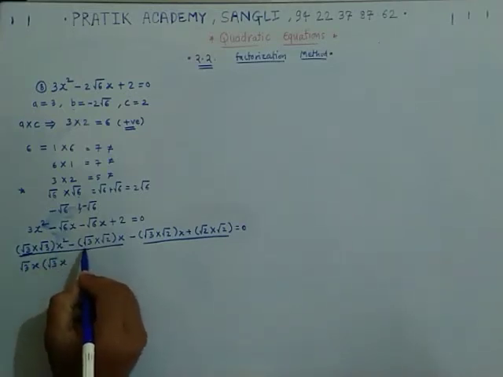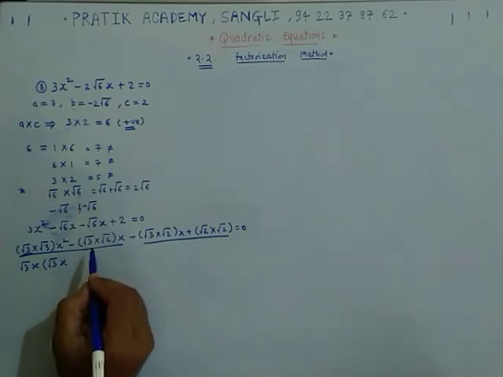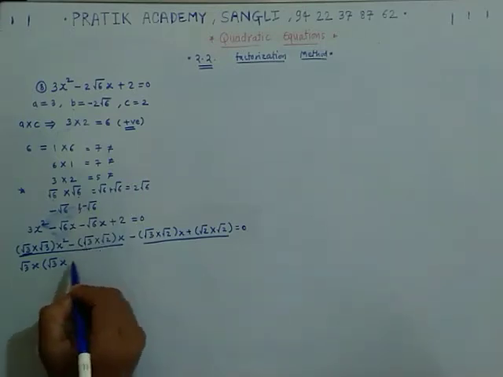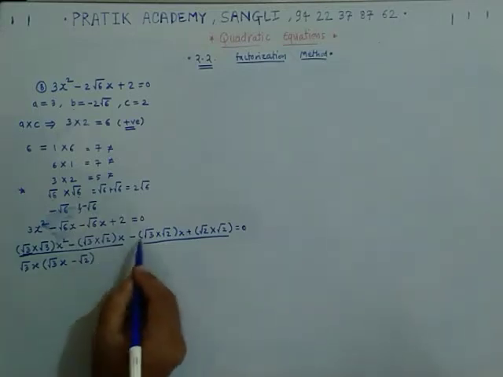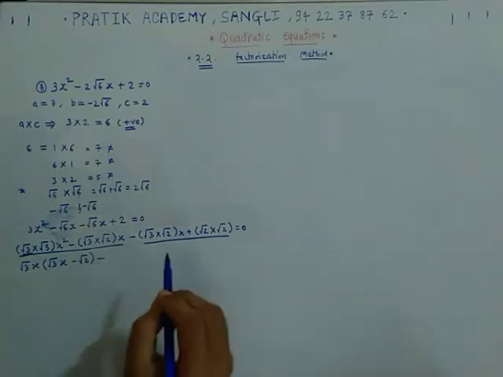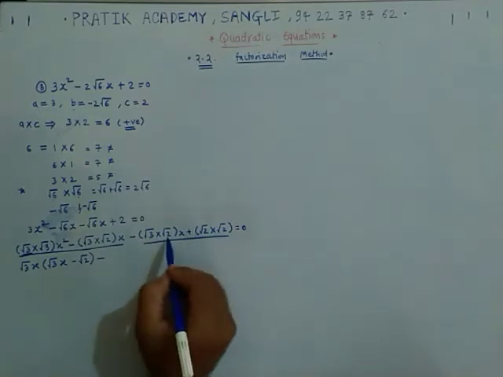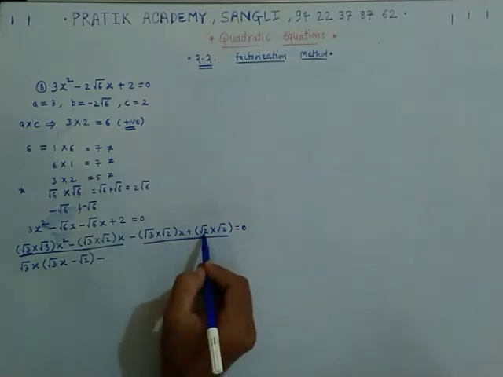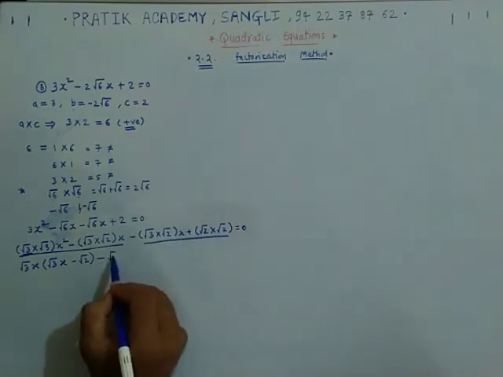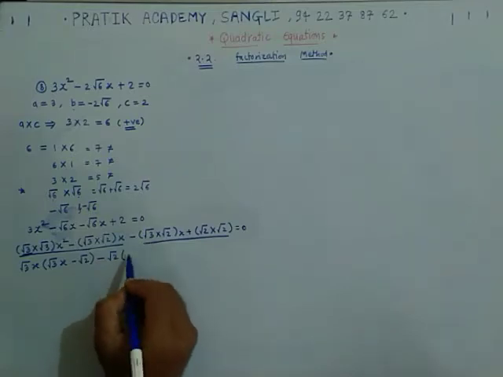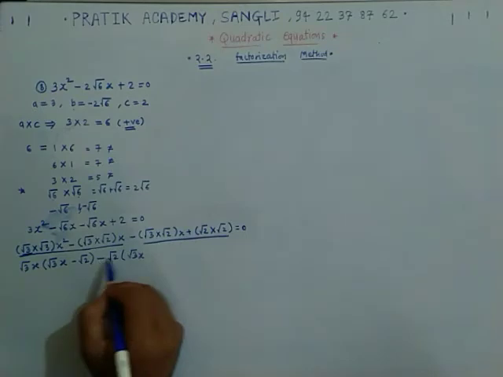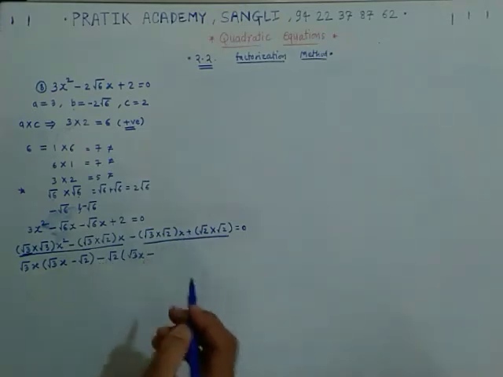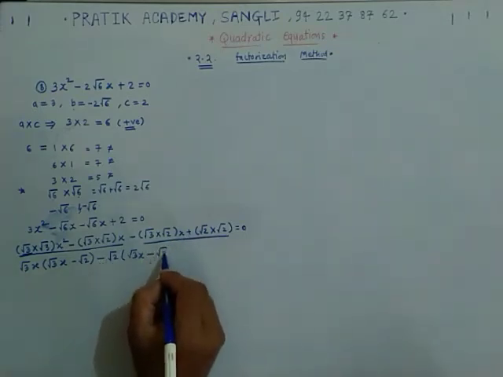Here x, here root 3 is taken common, so remaining is root 2. Here minus sign, again here root 3, here root 2, here root 2, so I will take root 2 common. The remaining is root 3x, as here there is a minus sign, plus becomes minus, under root 2.